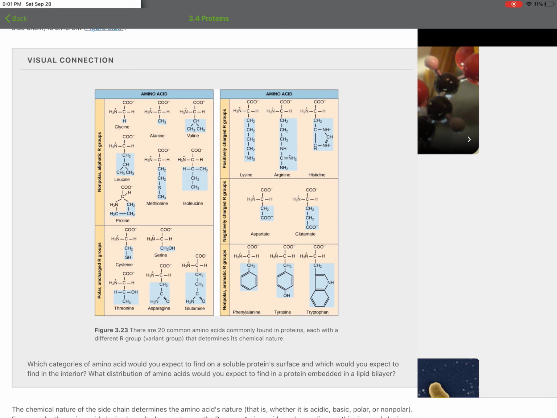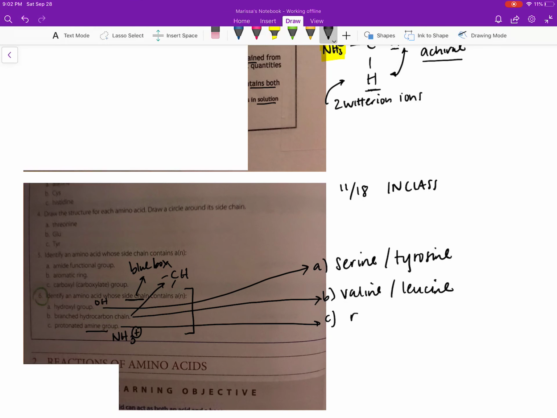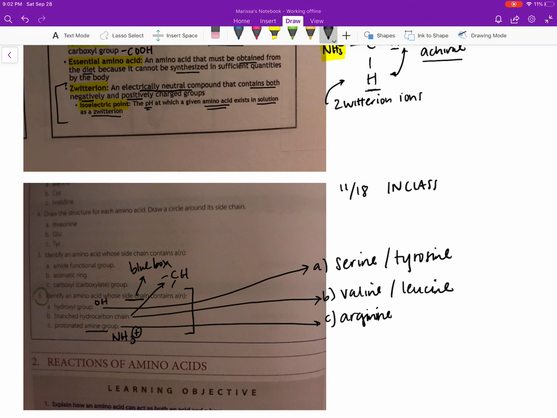But looking at the upper right-hand box, I see that lysine, arginine, and histidine all have a nitrogen that carries a +1 charge. They have other nitrogens that don't have a charge. So arginine, histidine, and lysine.